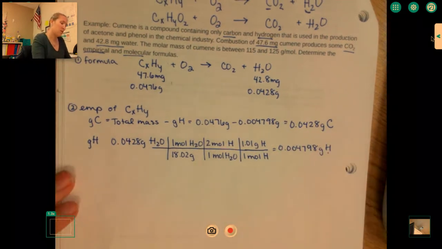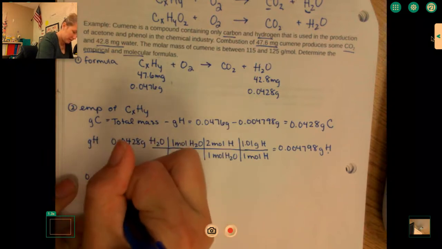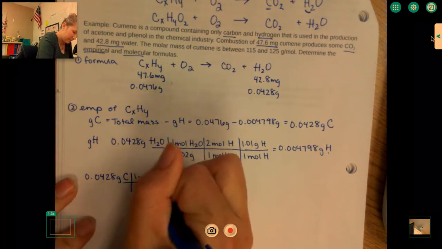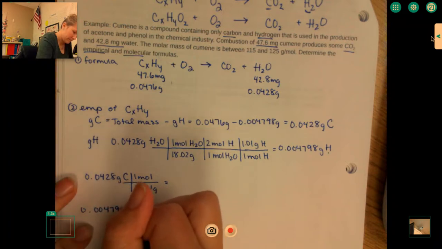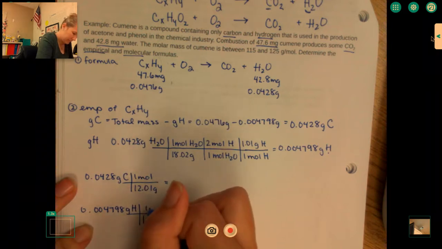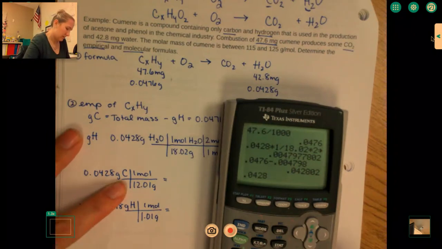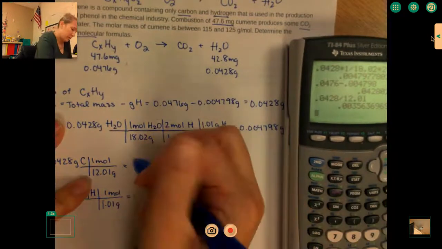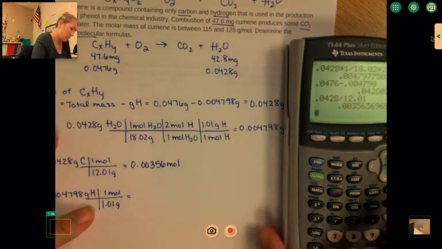Grams to moles, divide by small, multiply till whole. So, dividing by molar mass. Hydrogen, again, dividing by molar mass. And these are in moles.